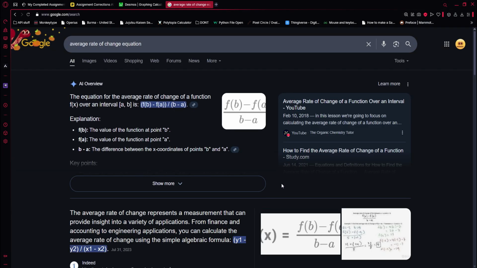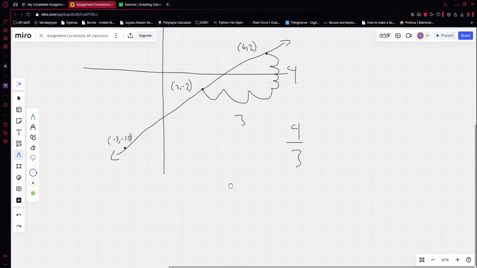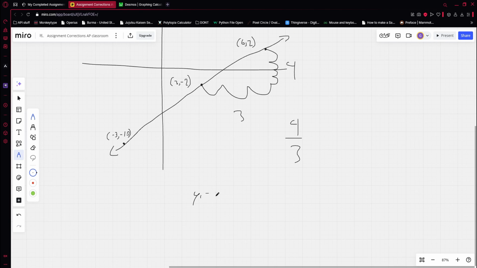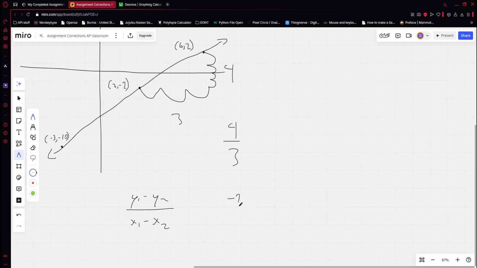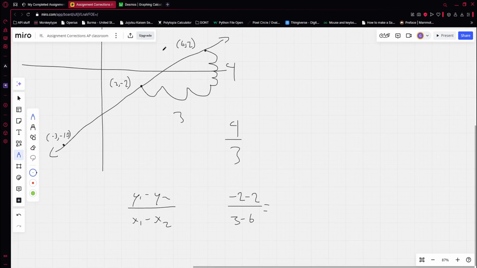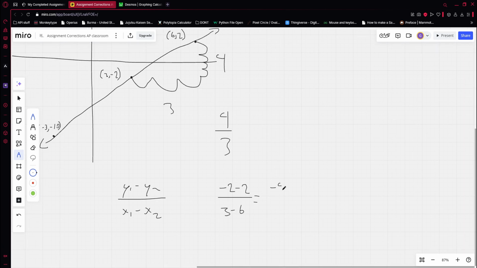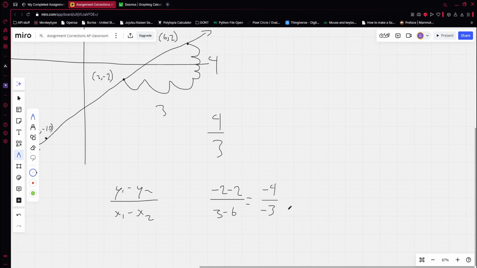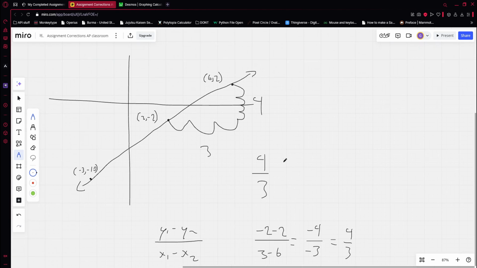So it's y1 minus y2 over x1 minus x2, right? So -2 minus 2 over 3 minus 6, because those are the x's and y's of these points. Just load them in. What we'll end up with is -4 over -3, or 4 over 3. Useful if you don't have that much time or space. Both get the same answer. So our slope is 4 over 3.